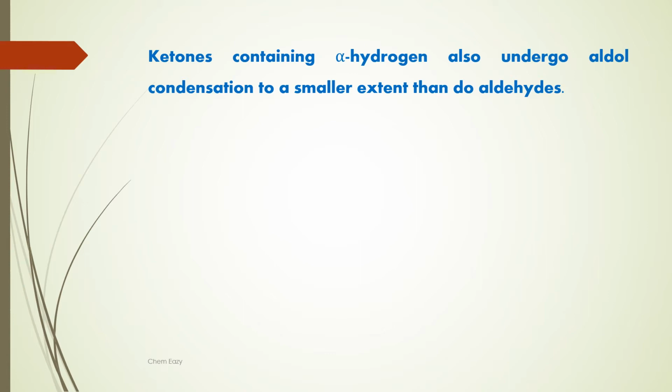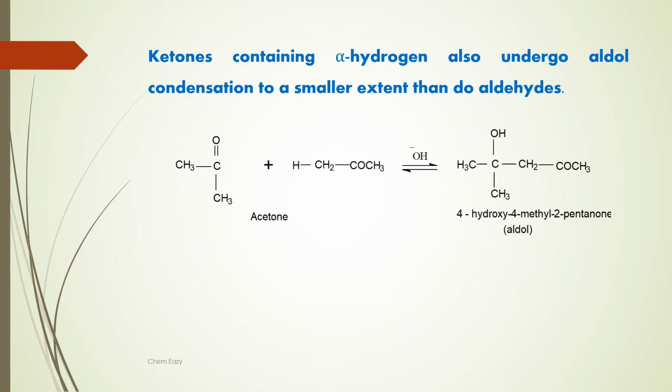Ketones containing alpha hydrogen also undergo aldol condensation. It means not only aldehydes, but ketones, if they contain alpha hydrogen atoms, can also undergo aldol condensation, but to a comparatively smaller extent than aldehydes.